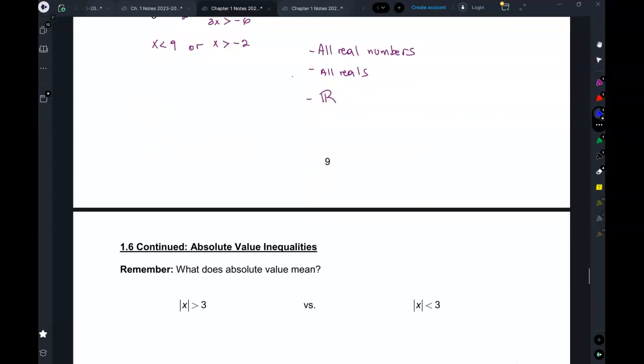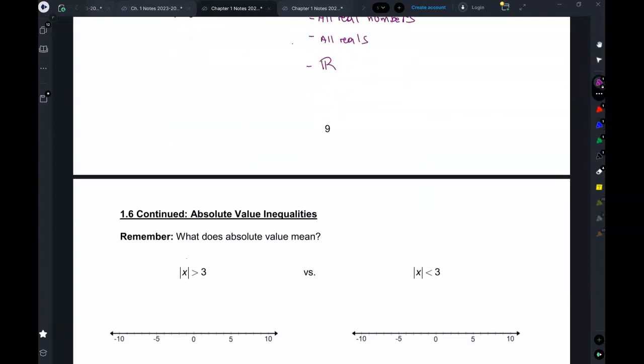All right, now, suppose you have an AND inequality, okay? Suppose you have an AND inequality, and it looks like this. X is greater than or equal to 1, and x is greater than 5.